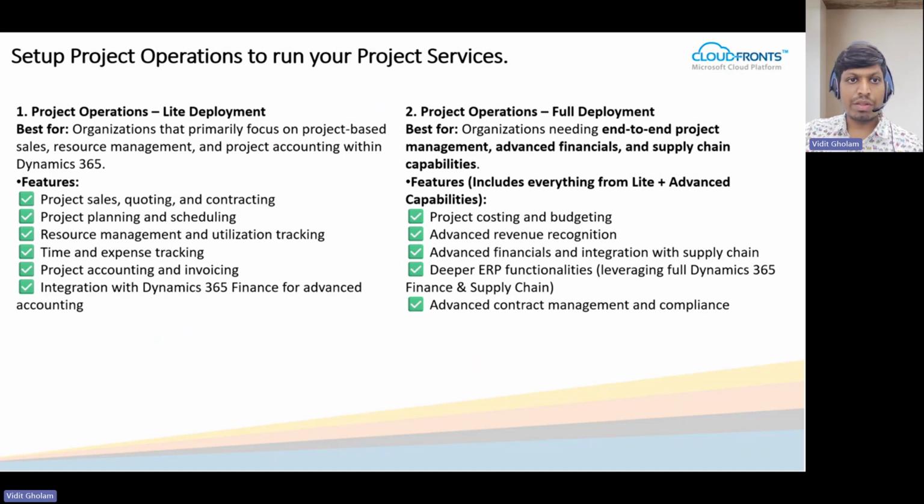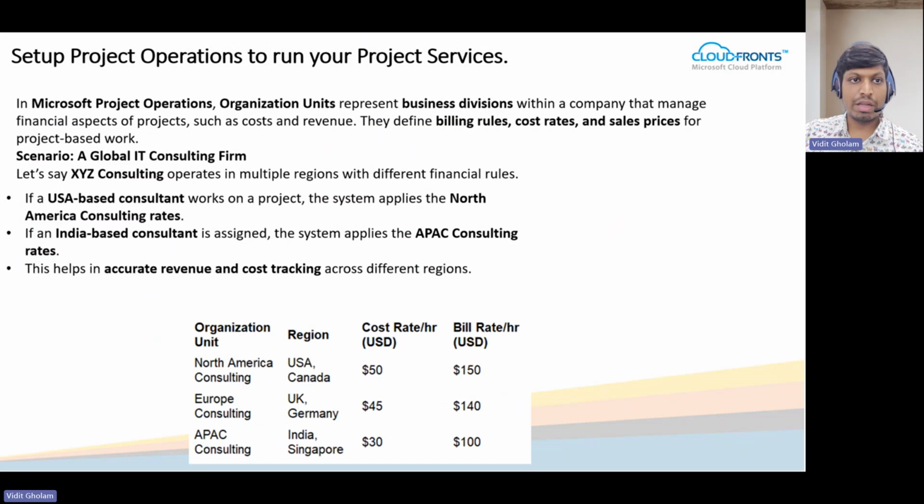To begin with our light deployment, our first step is to create organization units. What are organization units? Organization units are business divisions within a company that manage financial aspects of projects that affect the bill rates and the sales rates based on the project that is going on for that specific business unit. Consider a scenario: a global IT consulting firm, XYZ Consulting, has different financial rules.